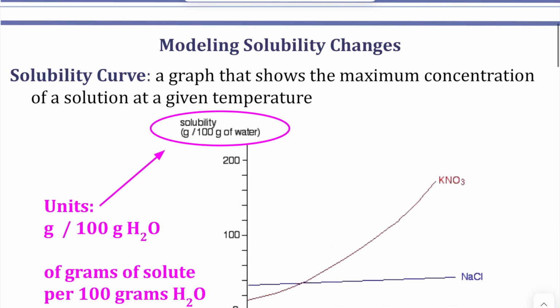We saw that on this graph with potassium nitrate. You'll notice it is increasing slightly with our sodium chloride, which is table salt, but temperature doesn't have quite the same change on sodium chloride as it does on potassium nitrate. So it does depend on the chemical.